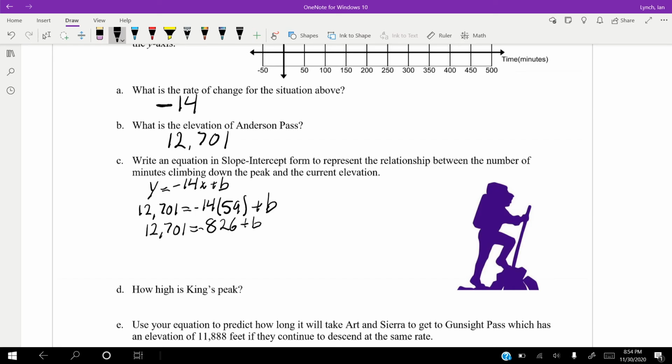Now, in order to get b by itself, we add 826 to both sides, and we get 13,527 is equal to b. So our equation is y equals negative 14x plus 13,527.